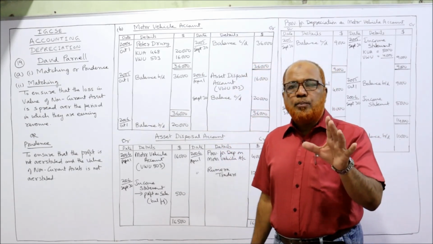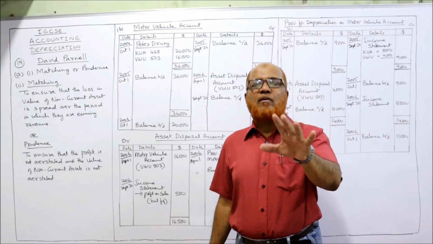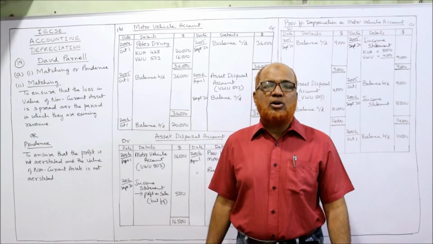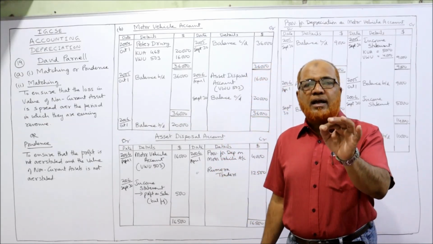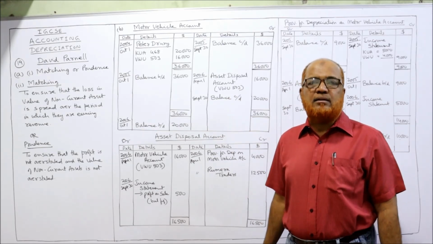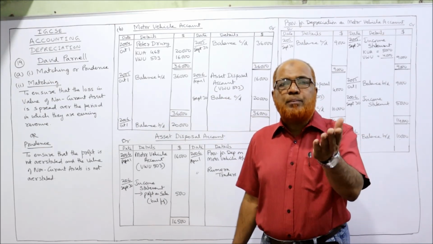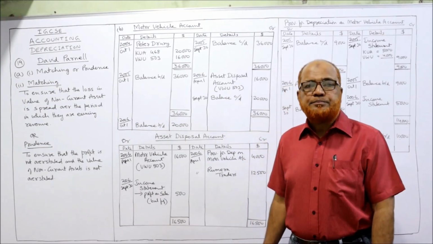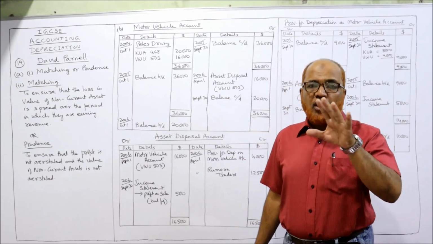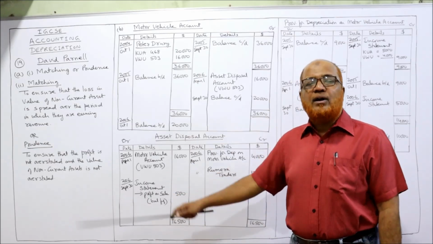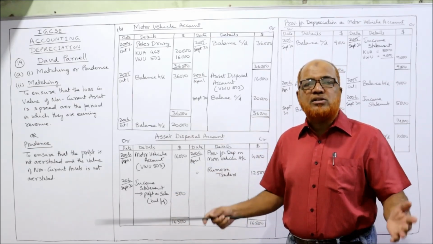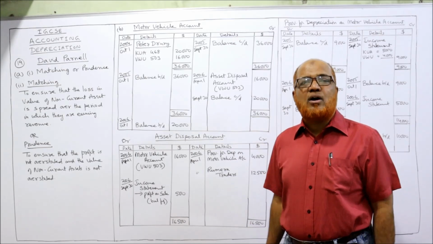Prudence. According to the prudence accounting principle, the profit should neither be overstated nor understated. The correct profit should be ascertained. So if we do not provide depreciation, our profit will be overstated. So in order not to overstate the profit, we have to charge depreciation, because depreciation is also one of the costs.